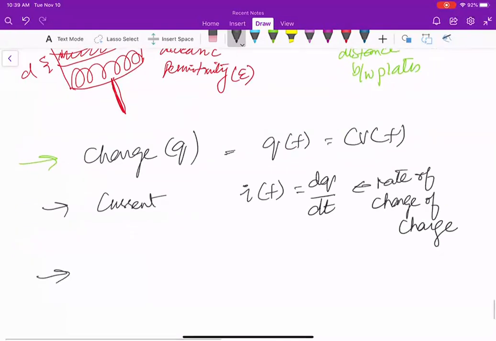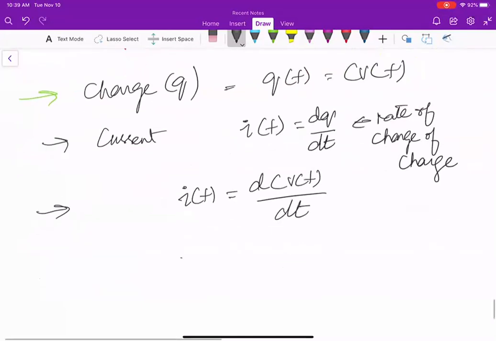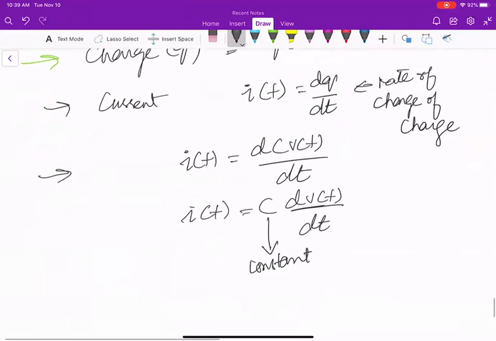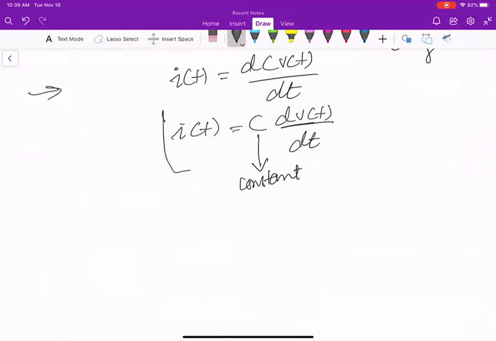So now if we replace our relationship of capacitor here, that will make it, and that will make it, where this is a constant value. So that's how we got this current and capacitor relationship, which we were using before. So this is the important relationship to understand.